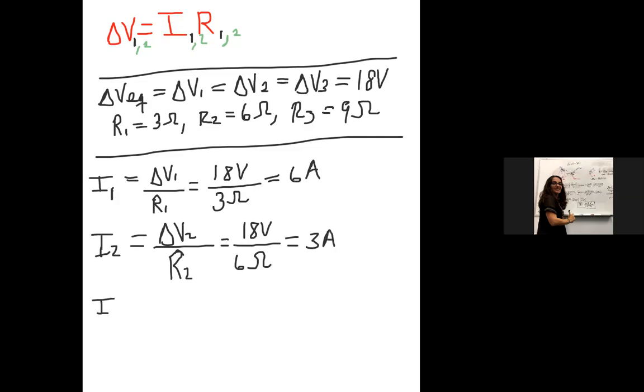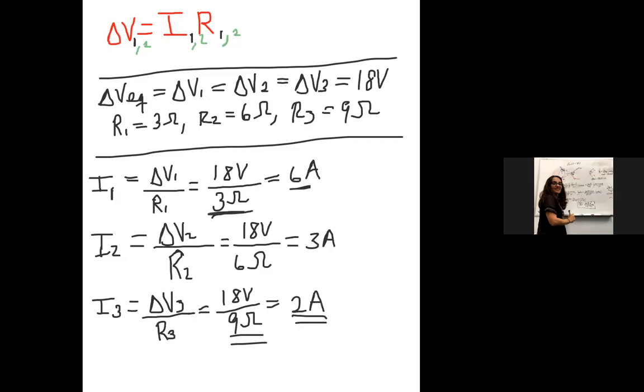And our third resistor has delta V3 over R3, so 18 volts over 9 ohms, and this has 2 amps. So notice how the highest resistance has the lowest current. Current takes the path of least resistance. The least resistance has the highest current.